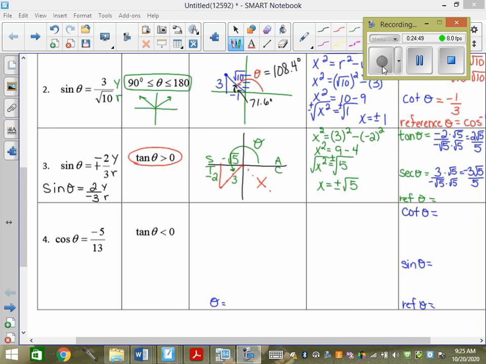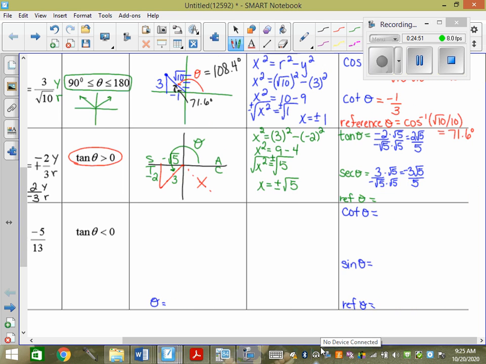The reference theta, I'm going to do tan -1 of 2 root 5 divided by 5. And what do you get? Did anyone do it? Euler?